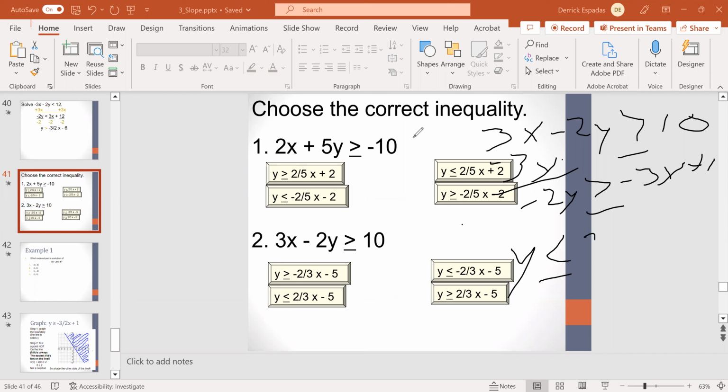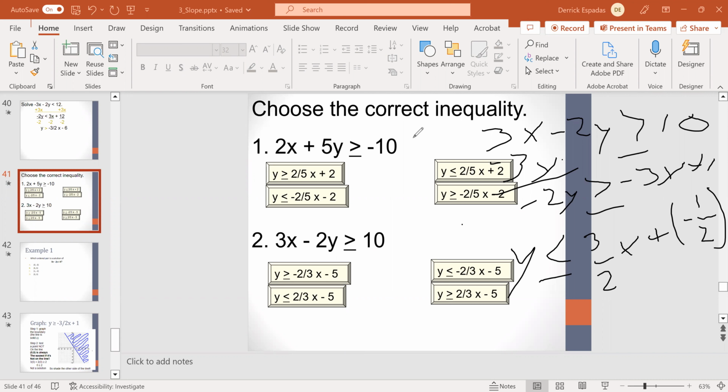So this is going to be 3 over 2x plus 10 divided by negative 2 is going to be negative 5. Normally instead of having that plus sign, we just put the negative sign, but I had already drawn that, so that's okay. So y equals 3/2.